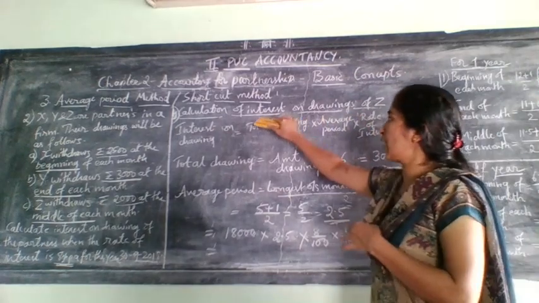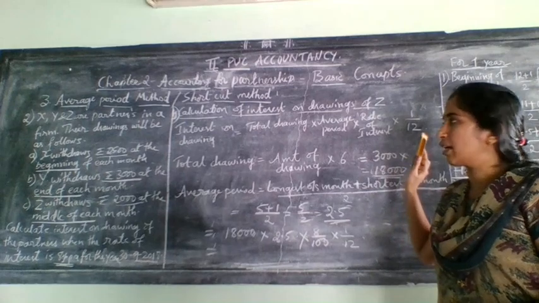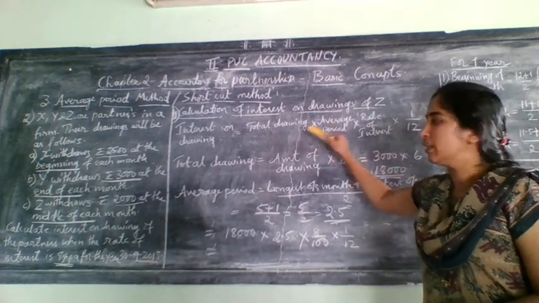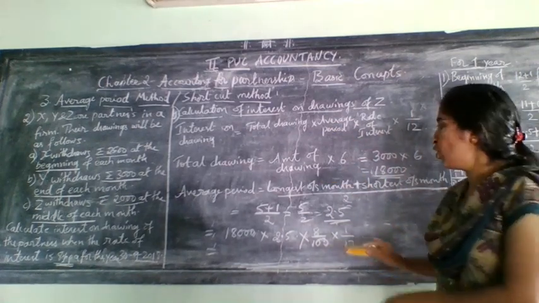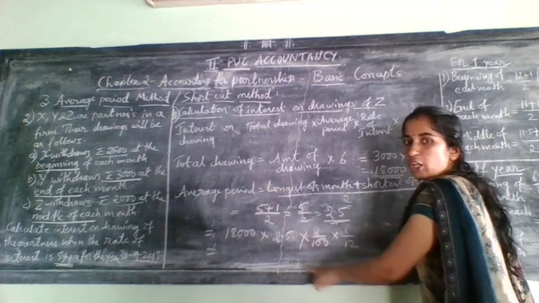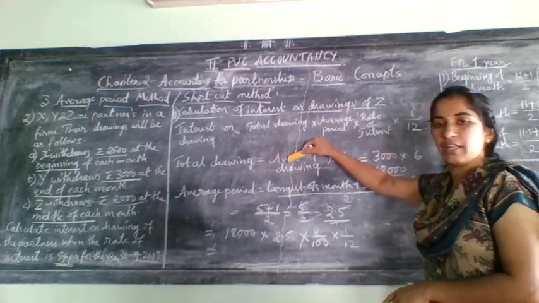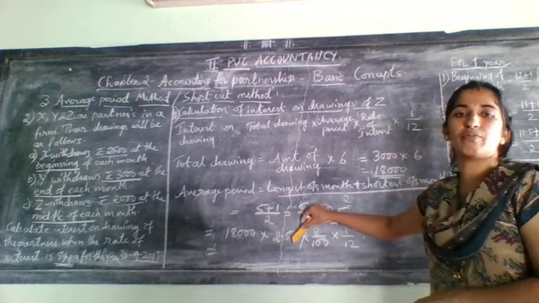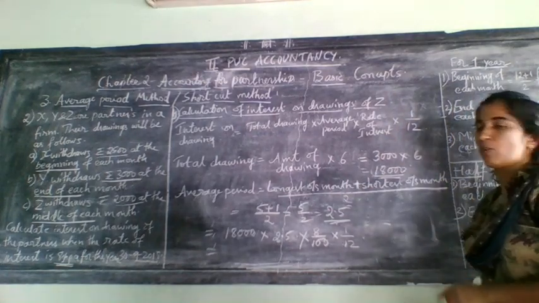Each time, for each partner's calculation of interest on drawing, first write the formula, then the amount of drawing, then the average period calculation, and then apply the values. Don't skip the steps. You need to write in that way only.